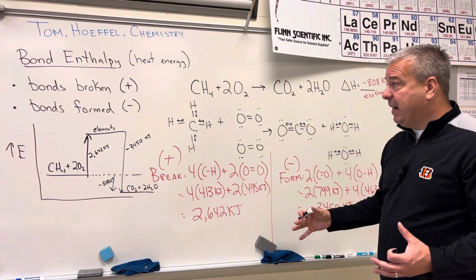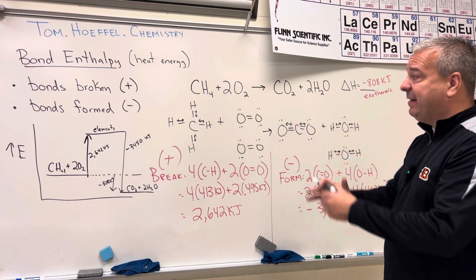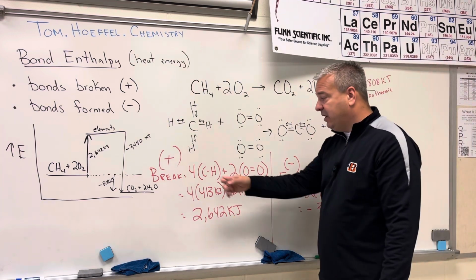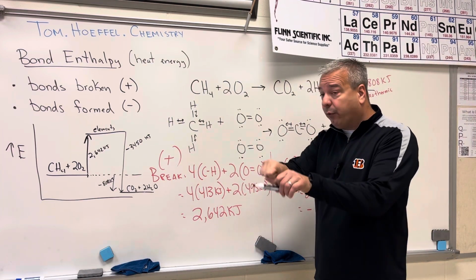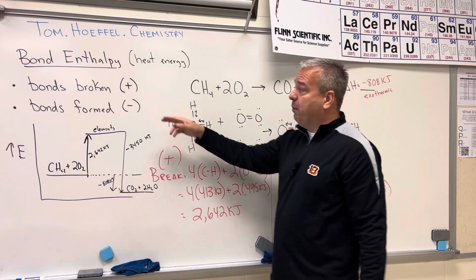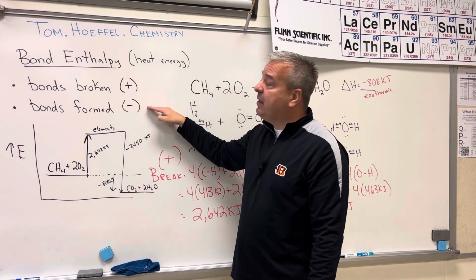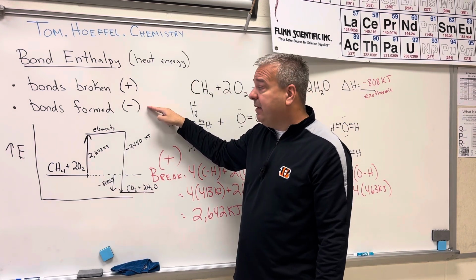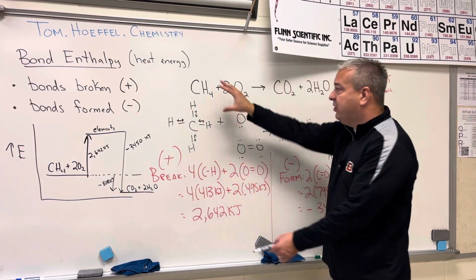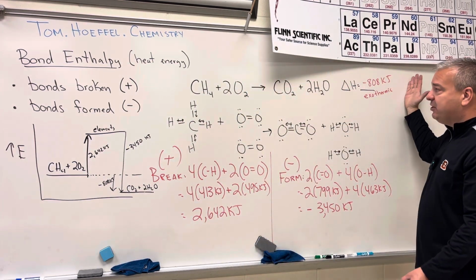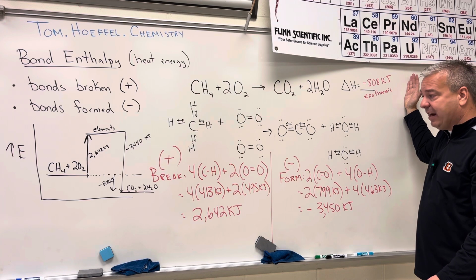I hope this information helped you understand what bond enthalpy is. It's the amount of energy required to break bonds or form bonds. If you're breaking the bonds, it's positive. If you're forming the bonds, it's negative. And we use that information to figure out the enthalpy changes of these chemical reactions.